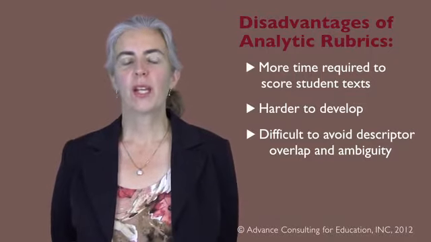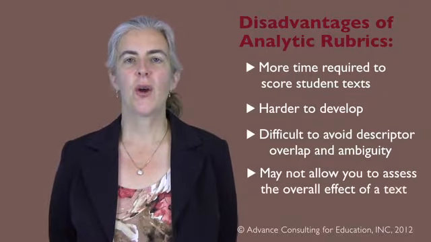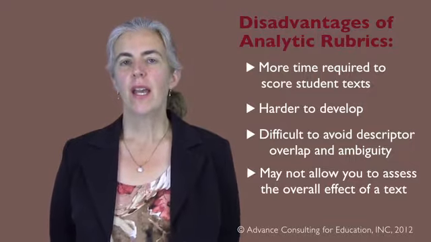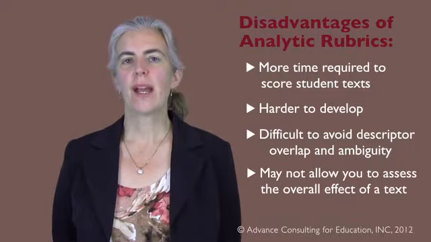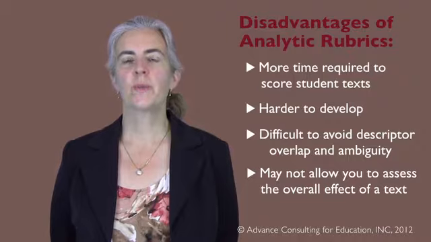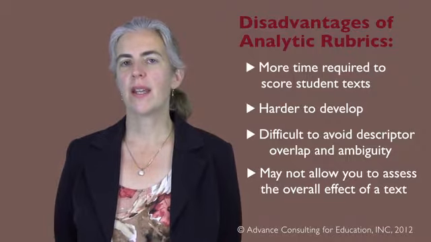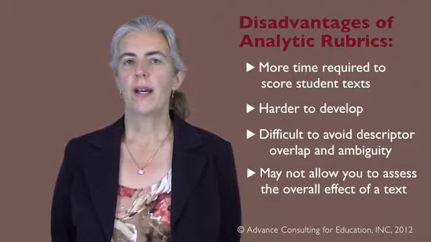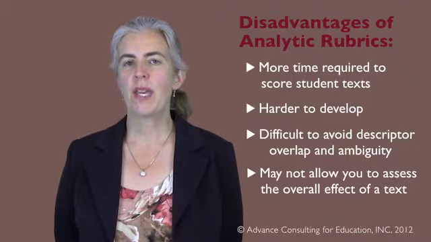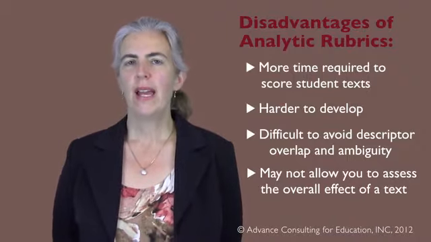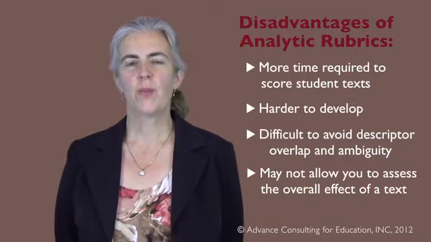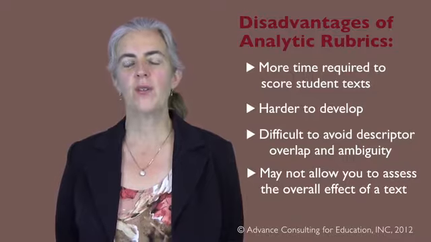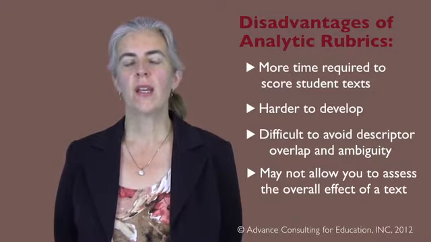Another challenge with an analytic rubric is that it may not allow you to assess the overall effect of a text. By this I mean that you may have a student who produces a writing text that is fairly weak in terms of grammar. The accuracy is quite poor, they're making lots of mistakes. And yet overall, boy, you really appreciate what they've done. They've created a text that's creative, that's really interesting.